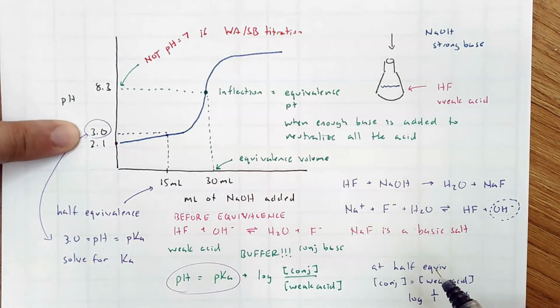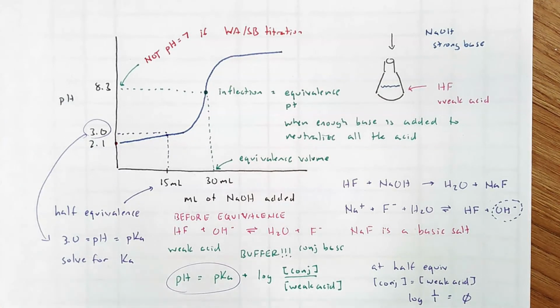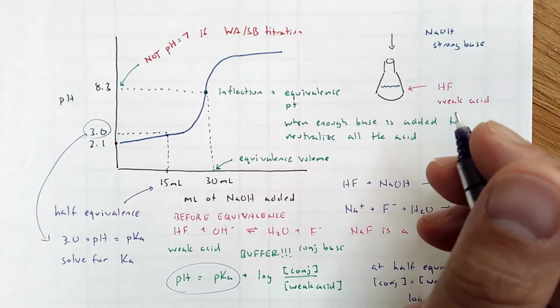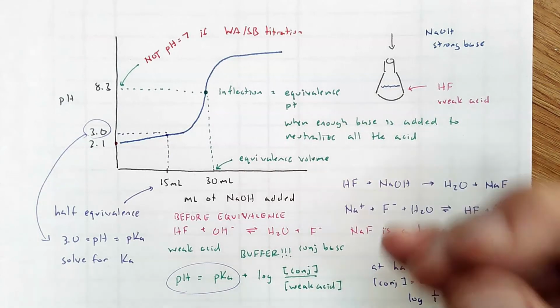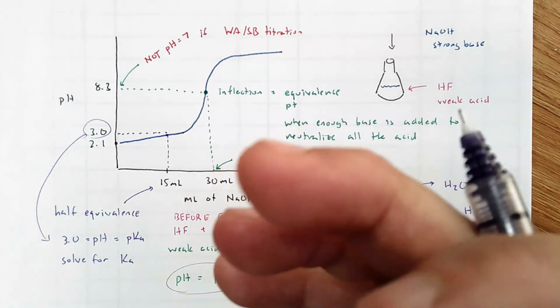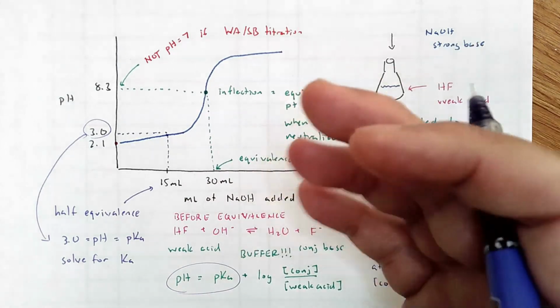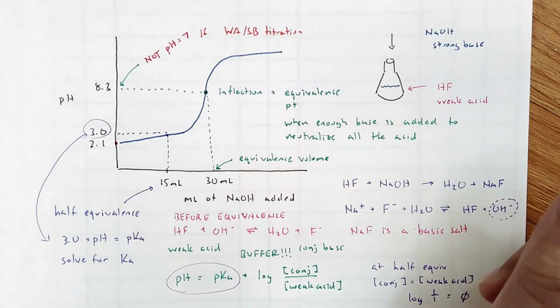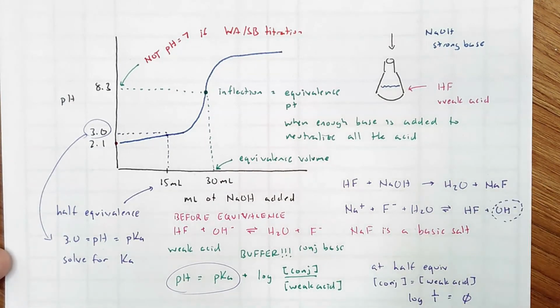That's the pKa. Okay, so we don't see that in a strong acid, strong base titration because strong acids don't have practical Kas. We're never given a pKa of a strong acid because essentially you're close to 100% ionization. That Ka is approaching infinity because you have no acid in the denominator.